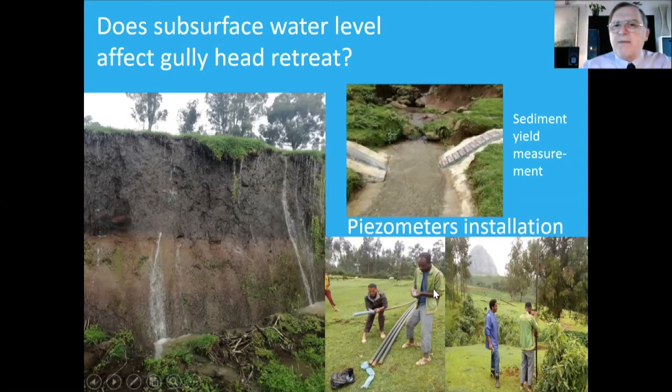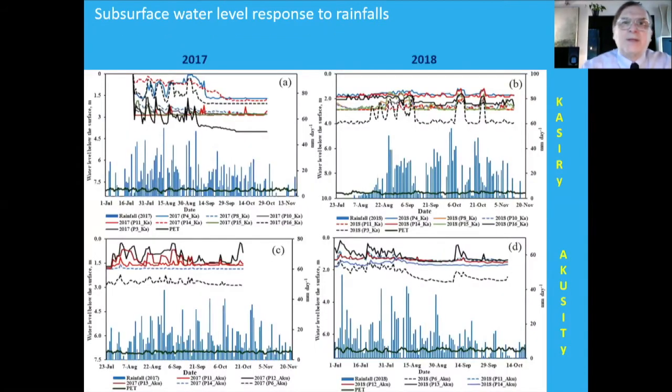We placed some piezometers around the gully head, and we also measured sediment yield, sediment transported at the outlet of the gullies, actually. This diagram shows that the response in the change of subsurface water level is very fast, and fluctuations clearly follow the fluctuation in the rainfall intensity in one day.